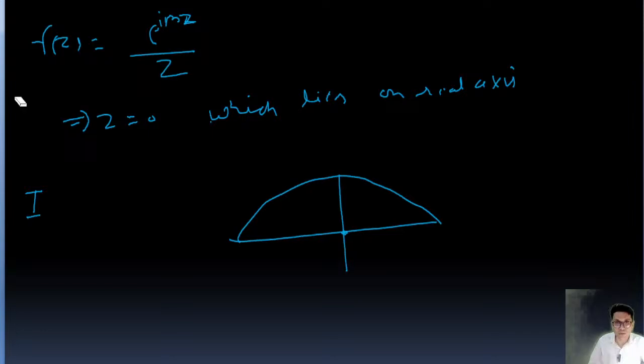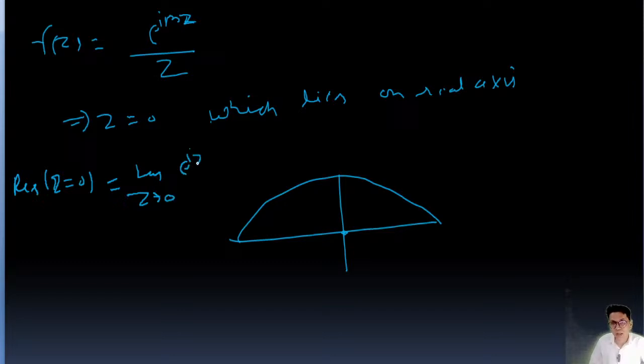So first we'll find the residue at z equal to 0. This is going to be the limit as z tends to 0 of e to the power i mz upon z, into z. The z will get cancelled, so e to the power 0, that value is 1.